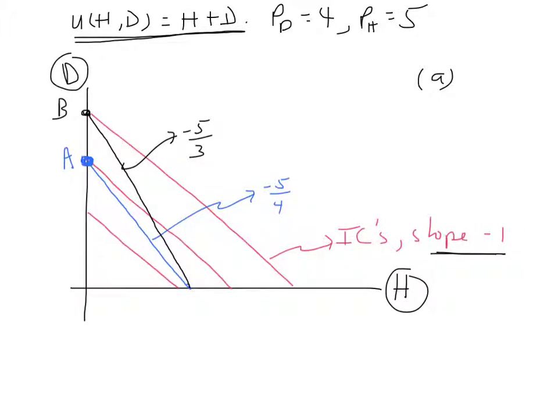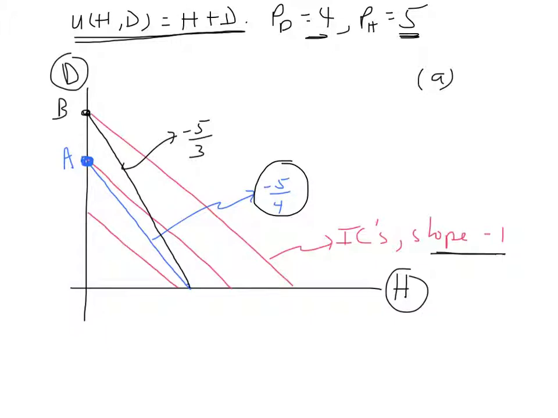We're given initially that the price of a delphinium is $4 and the price of a hollyhock is $5. So with delphiniums on the y-axis and hollyhocks on the x-axis, that means that the slope of the budget is going to be initially -5/4.